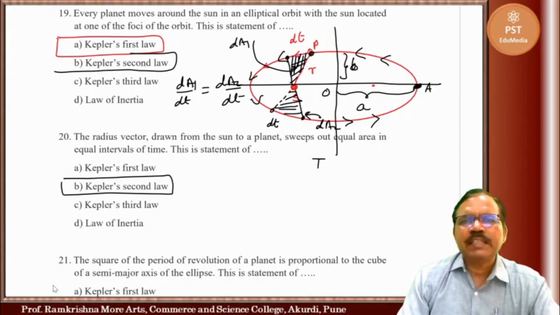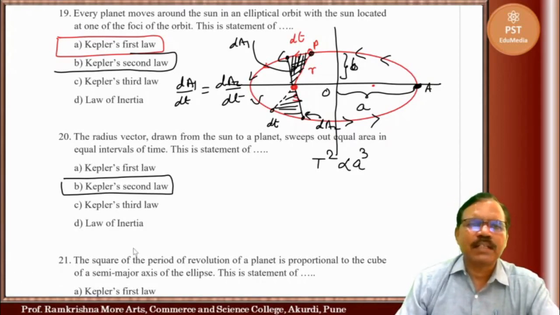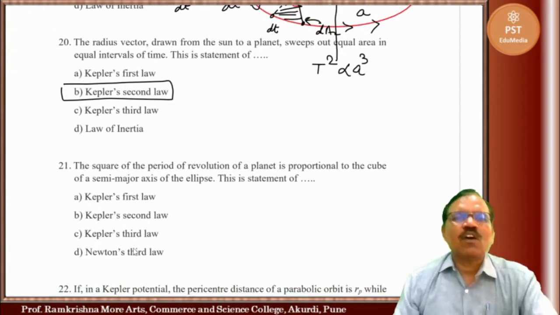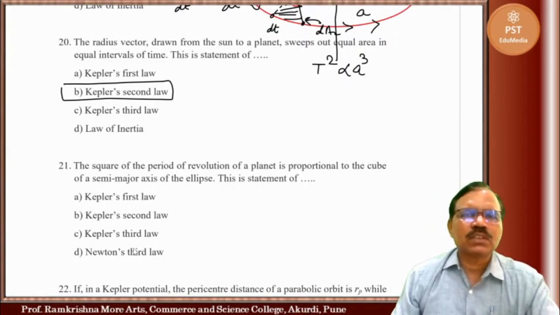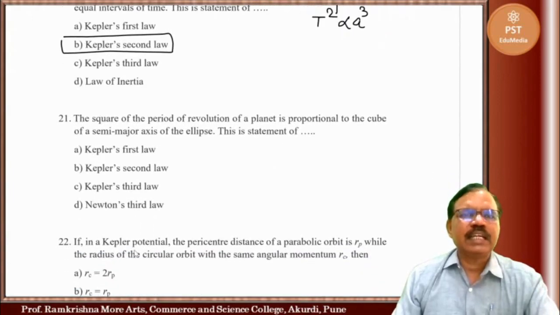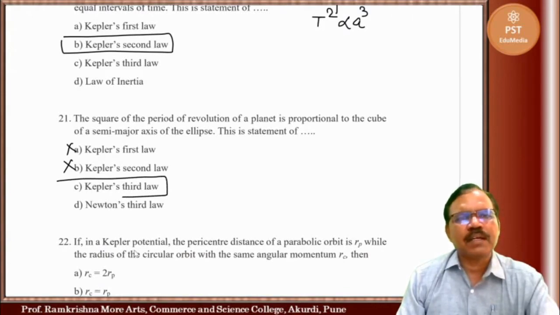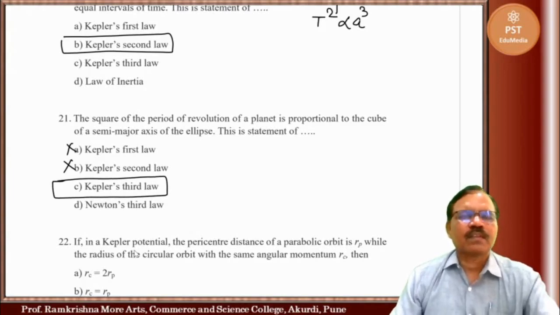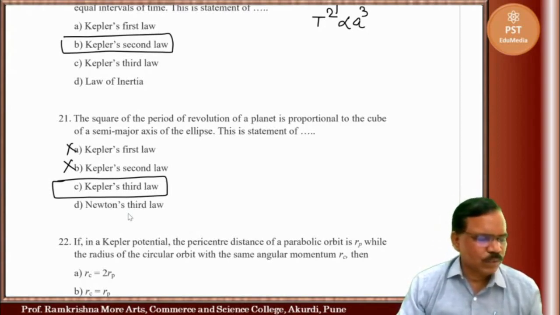So if we measure the time period, T square is proportional to a cube, and this is called Kepler's third law. The square of the period of revolution of a planet is proportional to the cube of the semi major axis of the ellipse. This is the statement of not Kepler's first law, not Kepler's second law, but Kepler's third law. Now let us go to the next one.